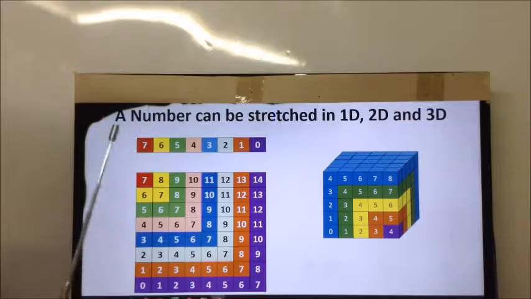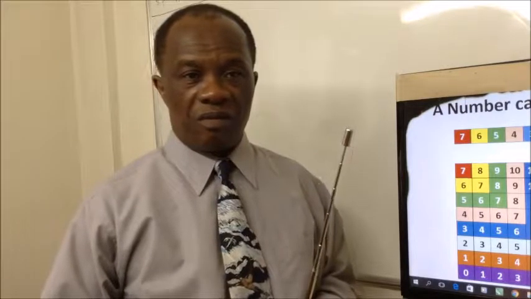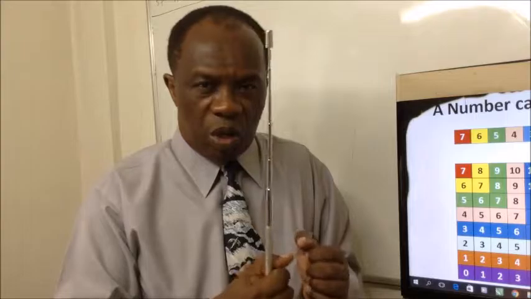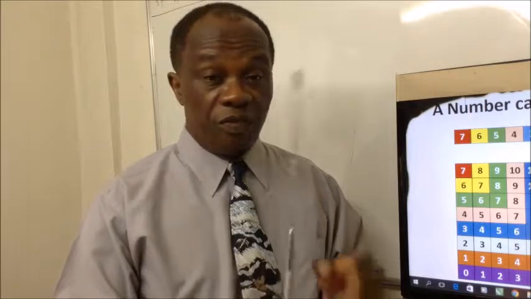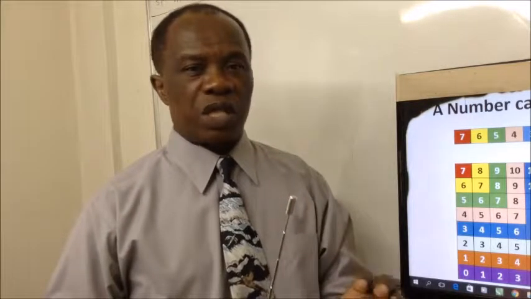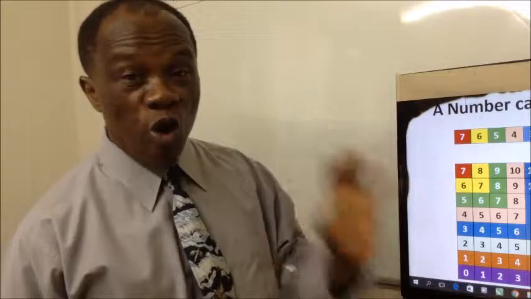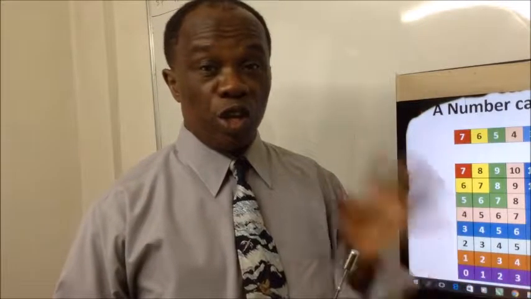But in this case here, we are talking about relativity in small scale, what we call Planck scale. It's a very, very small scale. Therefore, we use only numbers in order to express everything.